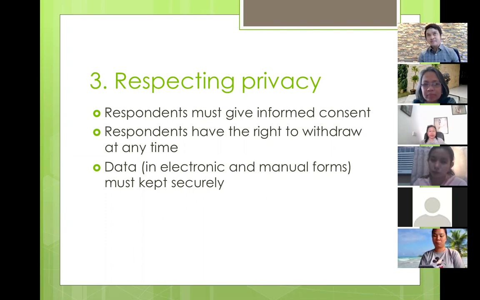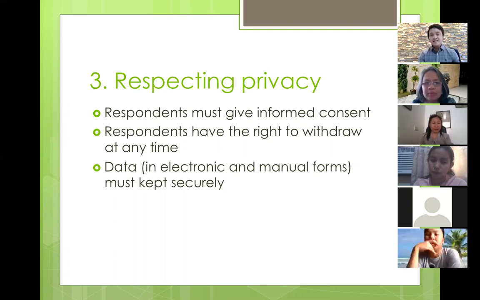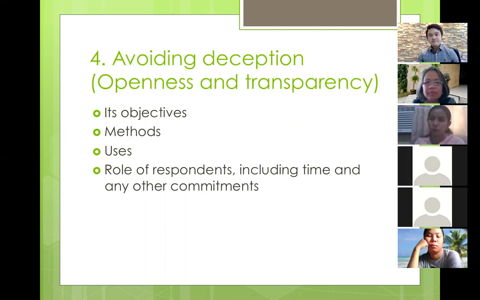Not in your Facebook accounts, not in your email addresses, because those online platforms are not secured right now. Pwedeng ma-hack anytime. No? So iingatan nyo yon hanggat maaari, nasa laptop nyo lang yon if you have data that are in electronic or in manual forms.